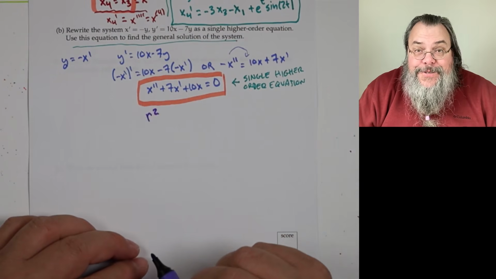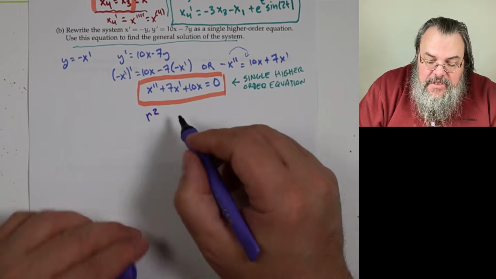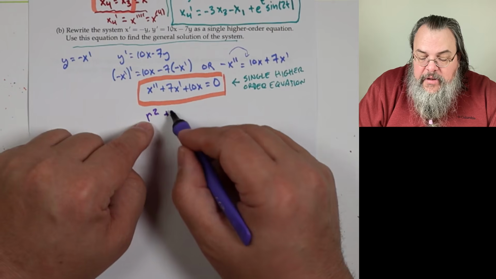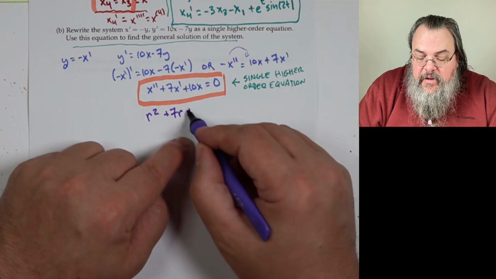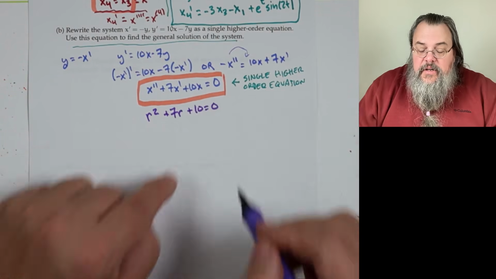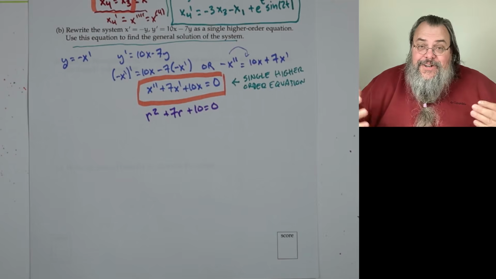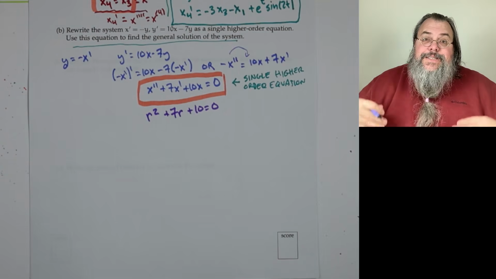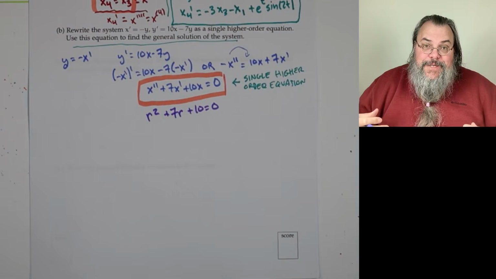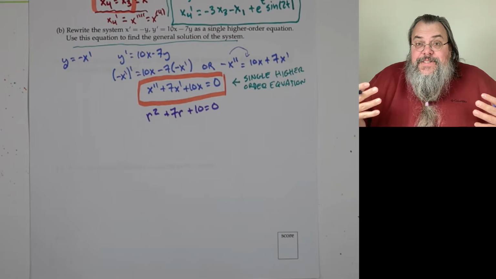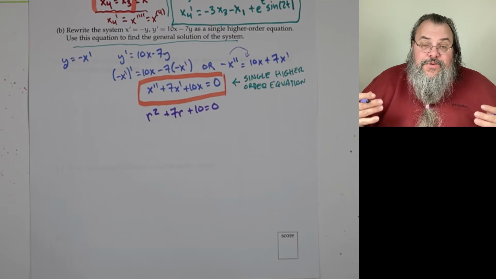So we're going to first turn this into algebra, right? So the polynomial r squared plus 7r plus 10 equals 0. Now, you have to remember, we're not giving you calculators, so something nice has to happen. In other words, it's got to factor nicely or have nice complex roots.